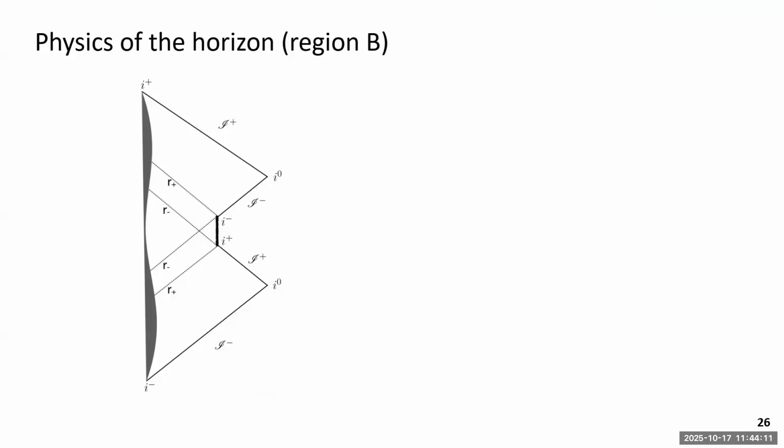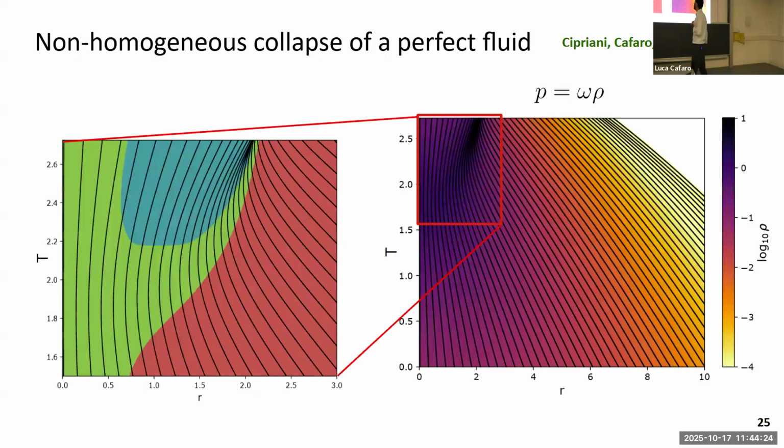Excuse me. Can you avoid having shell crossing singularities after the quantum bounce? Sorry, can you repeat the question? At some stage you have a quantum bounce, and then you have, let's say, the evolution of a white hole.